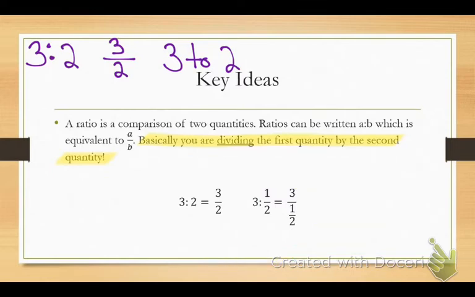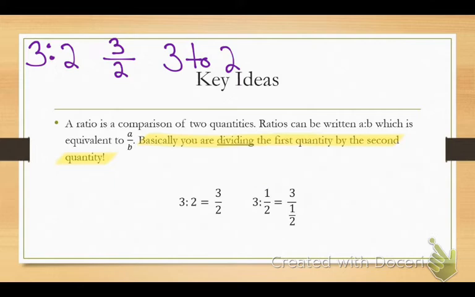So 3:2. When I write it with a colon, that's the same thing as writing it as a fraction. That's what we just talked about. Now, something that we probably have not seen before is a whole number being compared to a fraction. You're going to see that through this entire lesson. There is no avoiding the fact that we're going to compare 3 to 1/2.